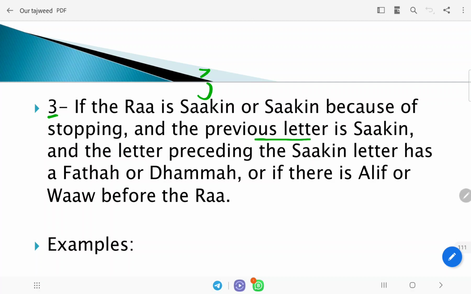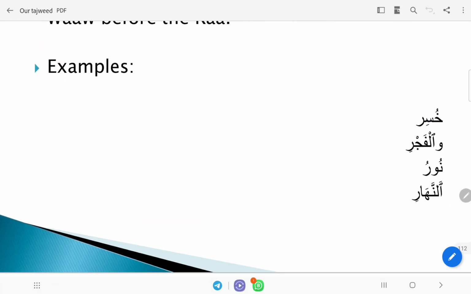And the previous letter to the ra is sakin, and the second letter is preceded by a letter which has fatha or dhamma. Also, if the ra sakin is preceded by waw mad or alif mad, here the ra will be heavy. Let's take some examples.